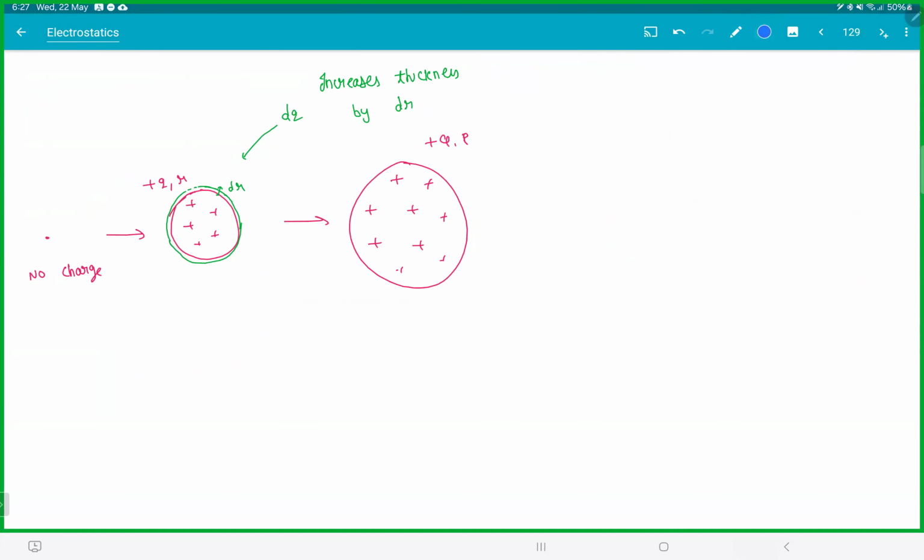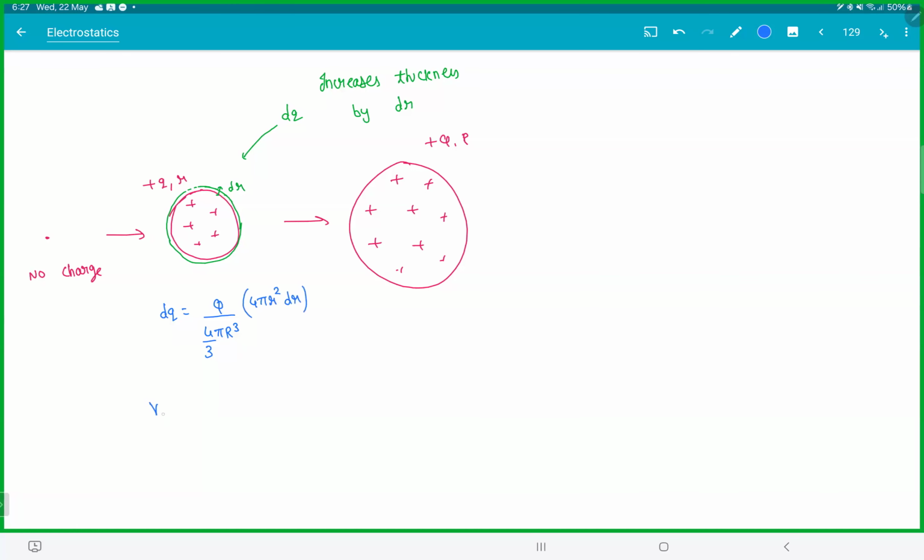So what is dq here? dq is total charge by total volume, basically rho, into the small volume you're creating, so 4 pi r square into dr. Agreed? So you're not bringing the same amount of charge every time. Every time you increase the thickness, you have to bring more and more charge. So this is the amount of charge you're bringing every time from infinity.